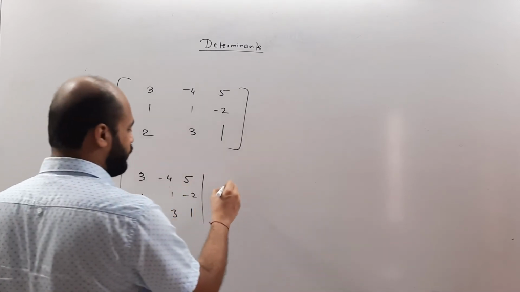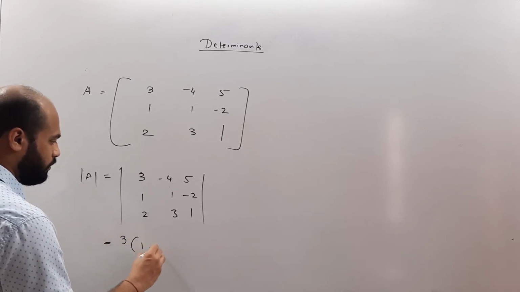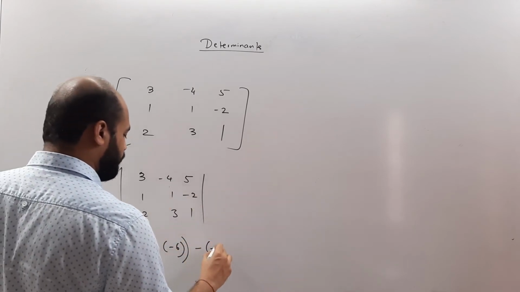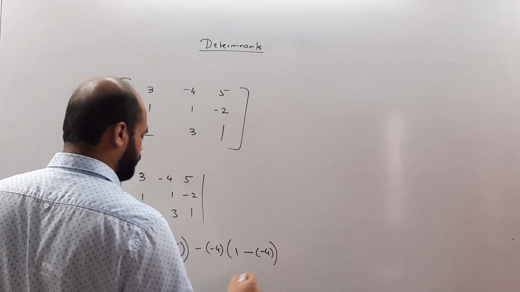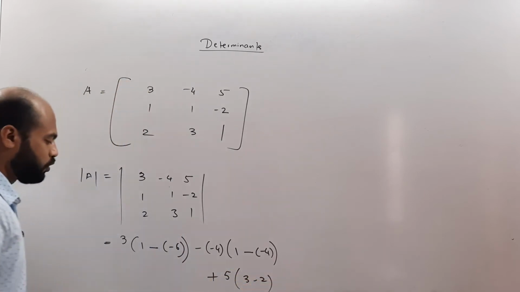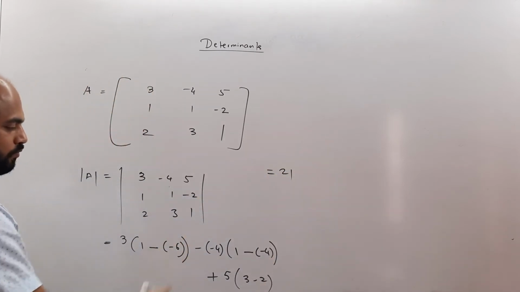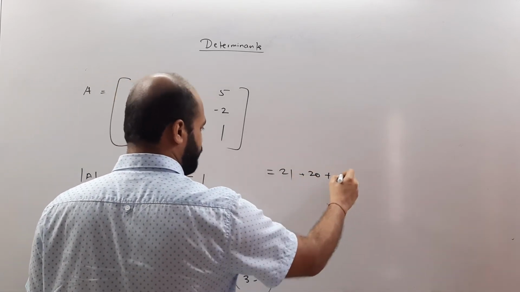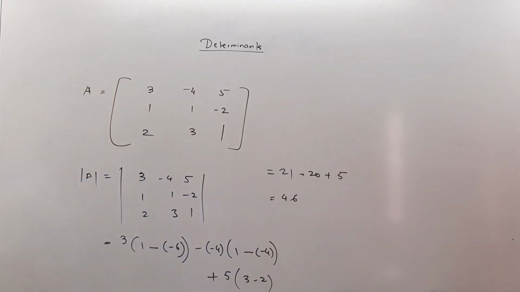So let's go by the usual process and find the value of this determinant. So 3 into 1 minus of minus 6, because this will give us minus 6, minus of minus 4 into 1 minus minus 4, and lastly we will have 5 into 3 minus 2. So overall you can see that this is 21. The first bracket is 21, second one would be 20, plus the last one is 5. So 41 plus 5 is 46. That is the value of this determinant.